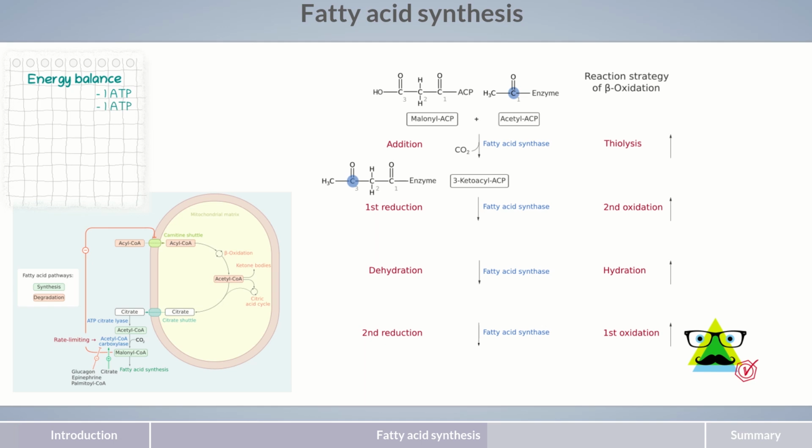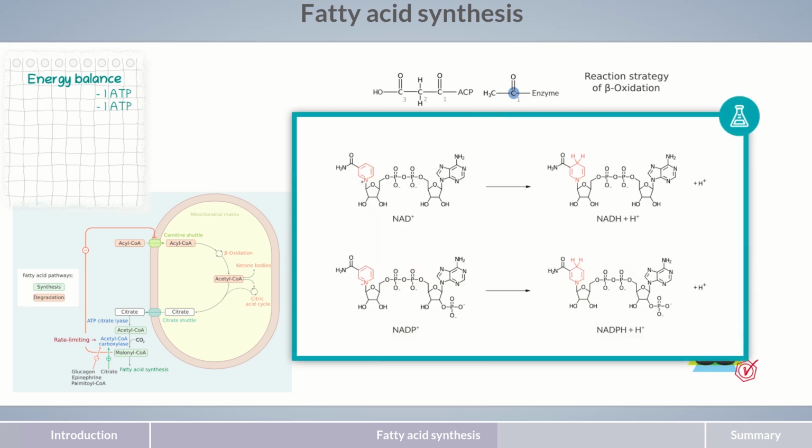The electrons and protons for the subsequent reduction stem from the reducing equivalent NADPH and H+. It functions in the same manner as NADH and H+, and can transfer 2 protons and 2 electrons. The only difference between the two reducing equivalents is a phosphate group in NADPH and H+, positioned in a part of the molecule not involved in the redox reaction.